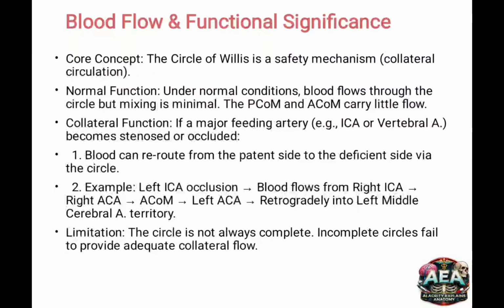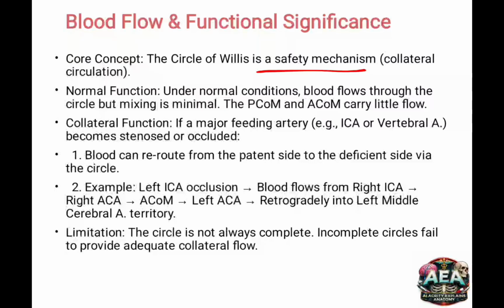How does blood flow in this circle, and what's the functional significance of this? Now the key concept here is that the circle is a safety mechanism. We already said earlier that it serves collateral circulation, so it's a safety mechanism giving collateral supply to different parts of the brain.